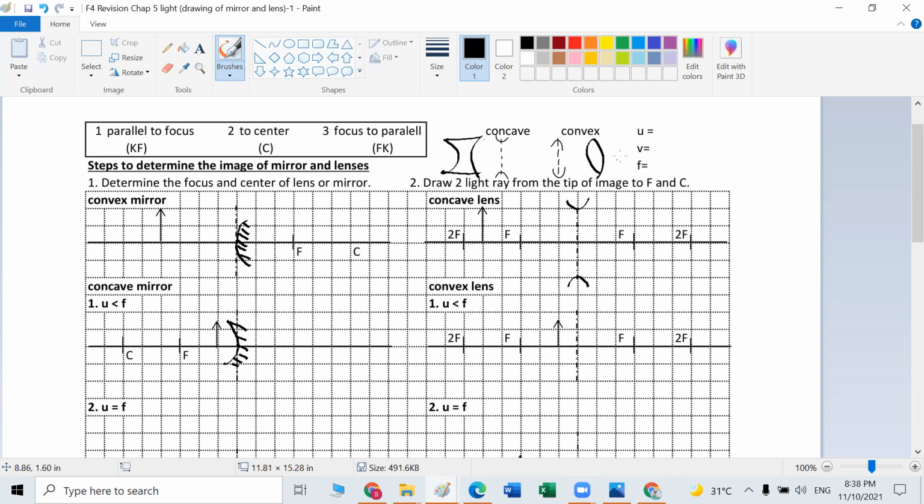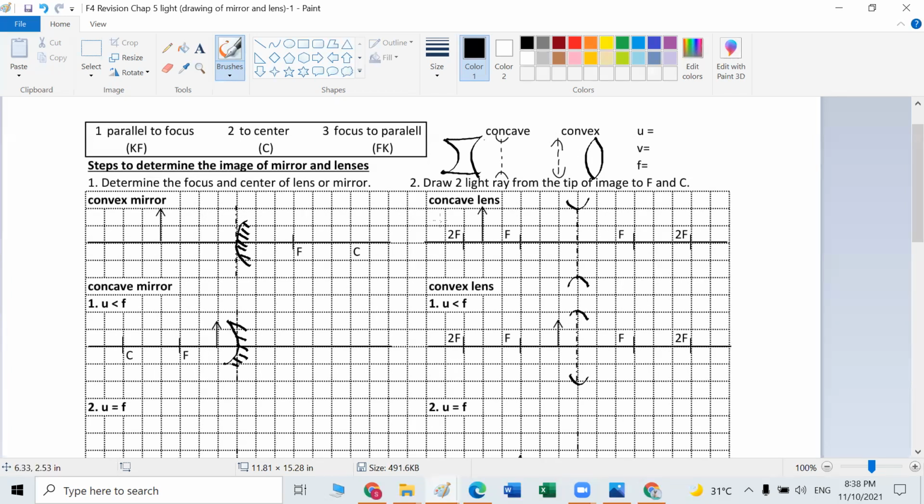Convex is like this. If you don't want to draw the convex lens, you just draw, close it.